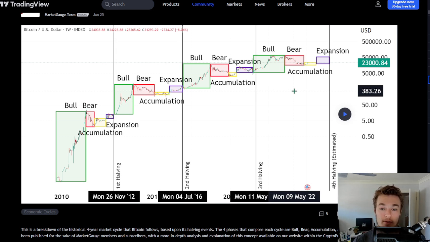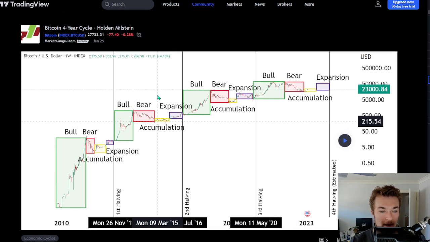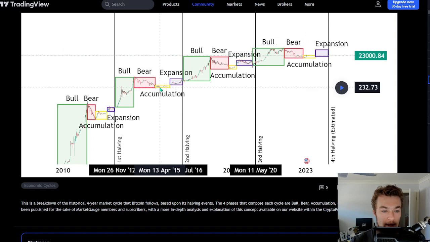It's going to be quite difficult to be buying in these accumulation phases, because as you can see, I don't think we can zoom in here, but the accumulation phase that started in January of 2015 lasted so long.